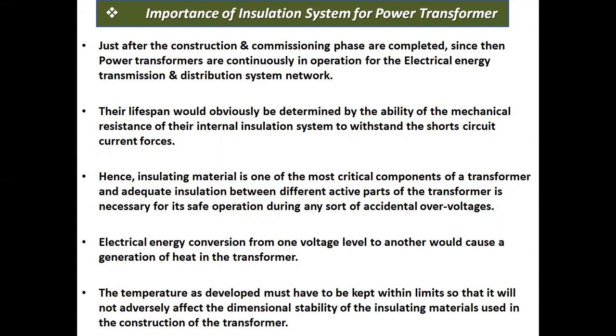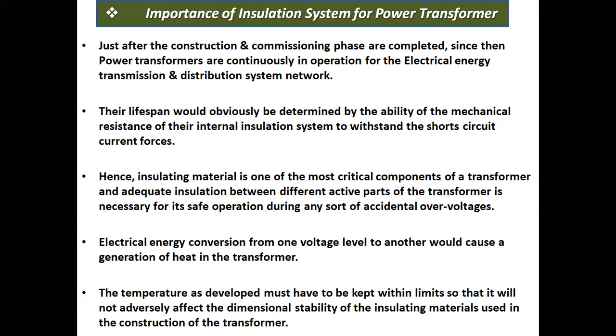Hence, insulating material is one of the most critical components of a transformer, and adequate insulation between different active parts of the transformer is necessary for its safe operation during any sort of accidental overvoltages.